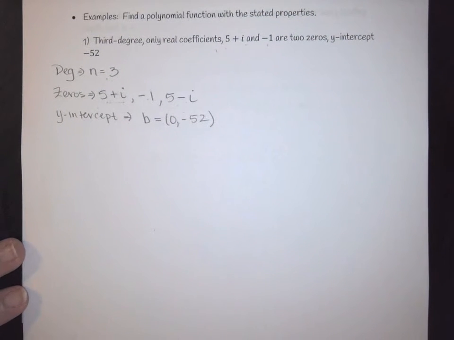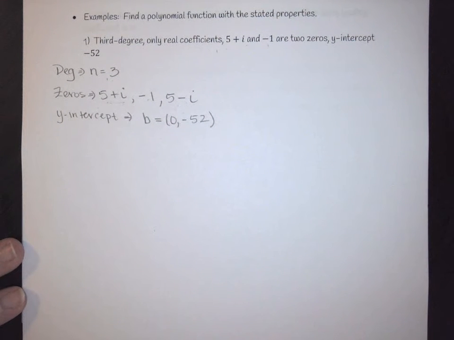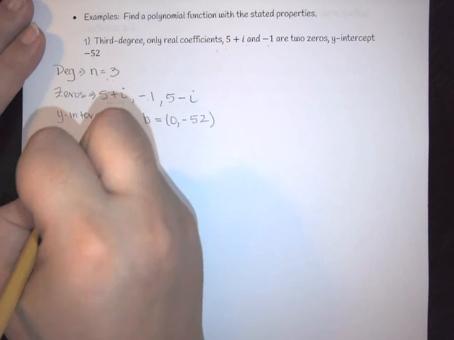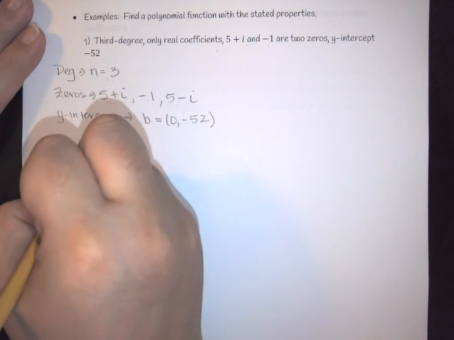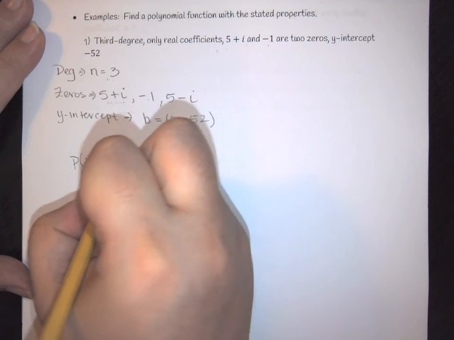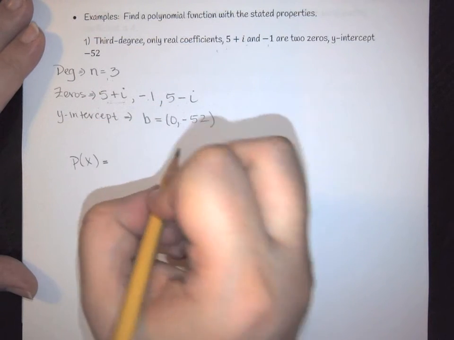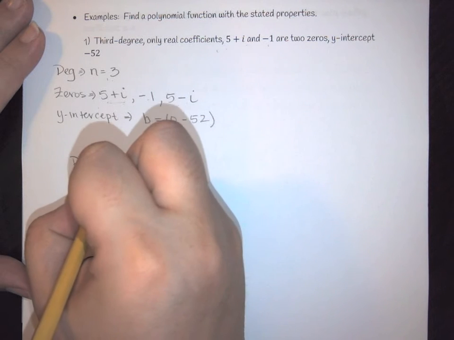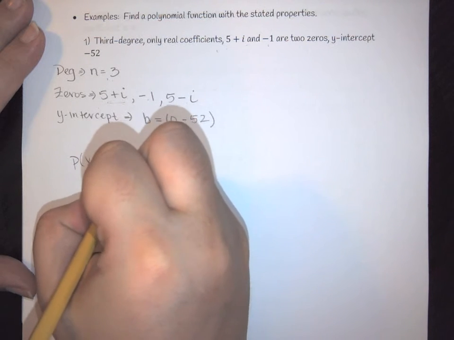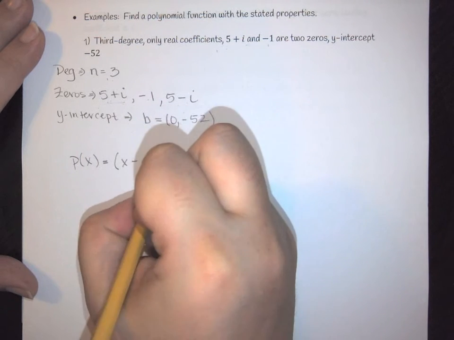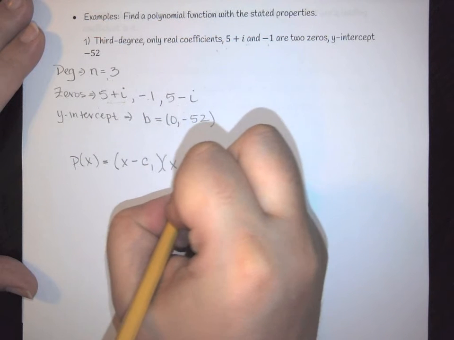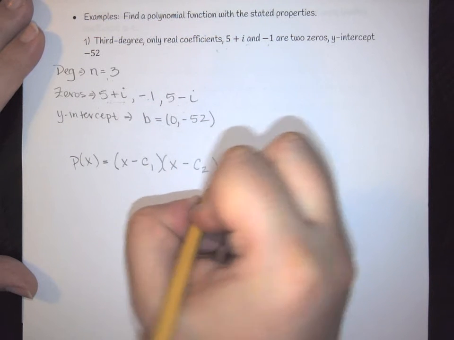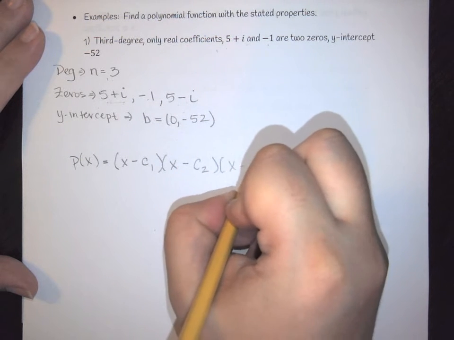So we actually want to find the polynomial function, and to do that, your p of x has to be your 3 zeros multiplied together. The first thing we know is we're going to have x minus the first c, then x minus the second c, and then x minus the third.